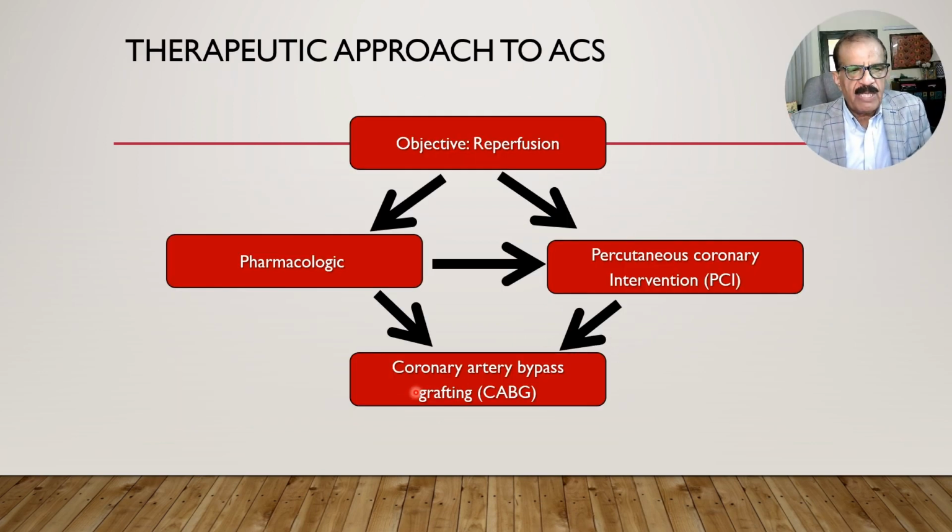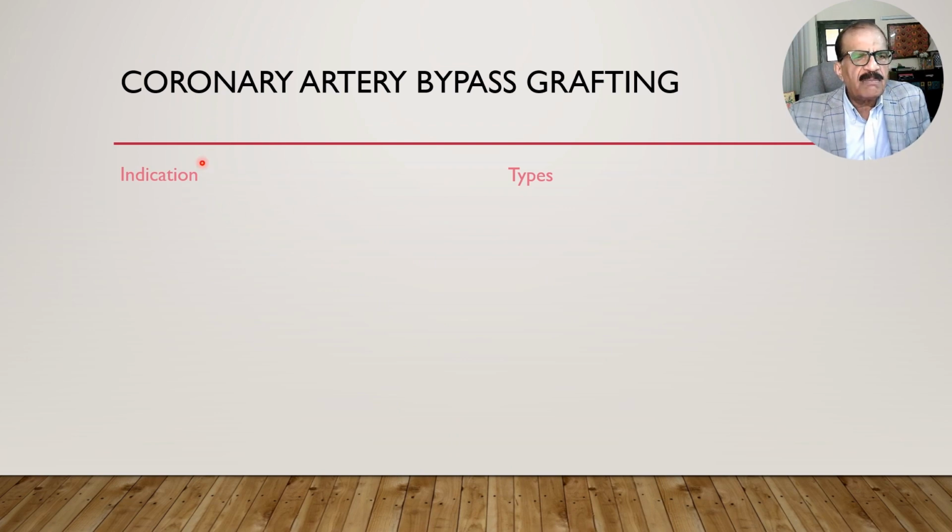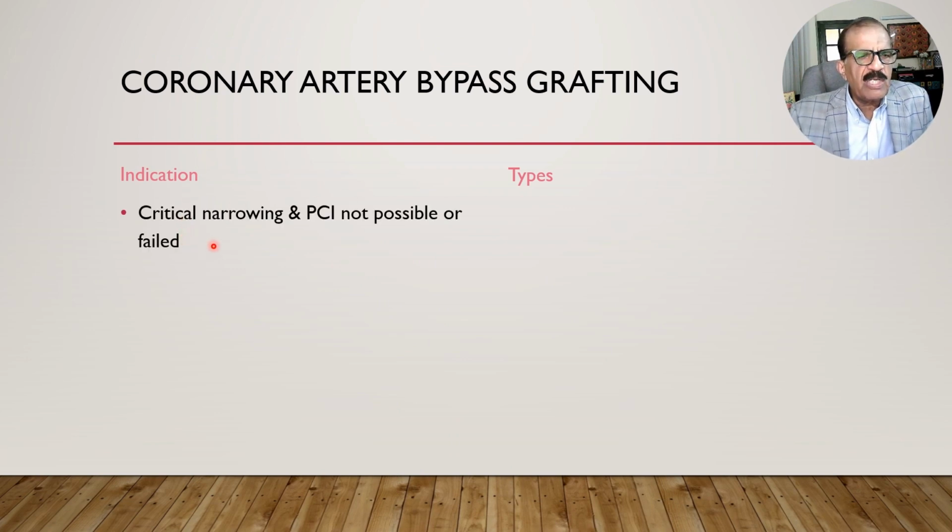The third possibility is coronary artery bypass grafting, either as an emergency procedure or later on as an elective procedure. This may be a more definitive solution of reperfusion. The indications are critical narrowing and where PCI is either not possible or PCI has failed.